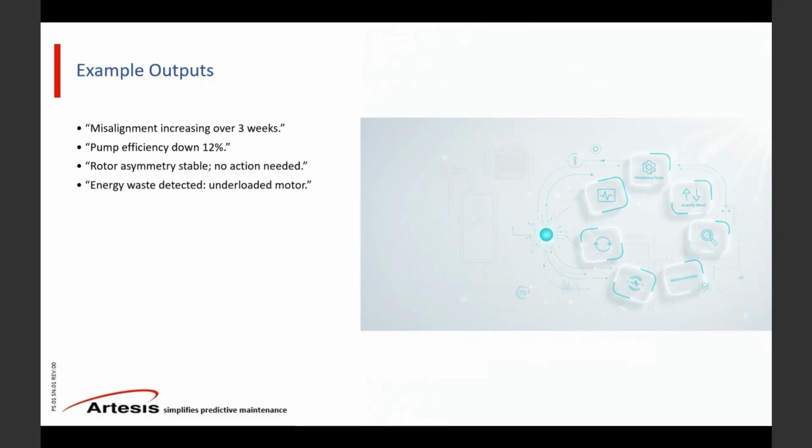So it connects the performance indicator to a likely mechanism in plain language. Rotor issues look stable, but keep monitoring. There is no immediate action needed. Energy waste identified: the motor appears to be underloaded, meaning that there is an optimization opportunity, so you can actually correct this.